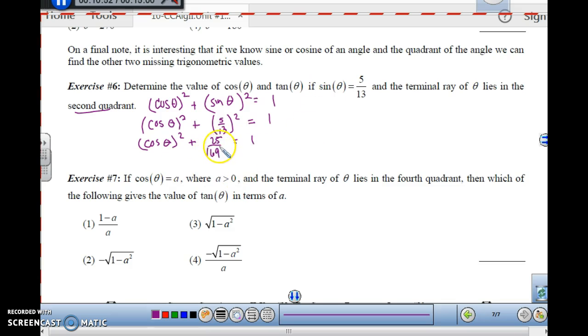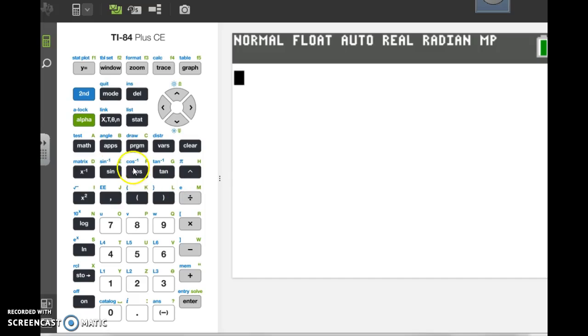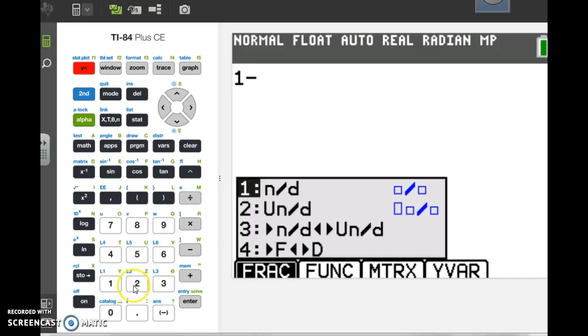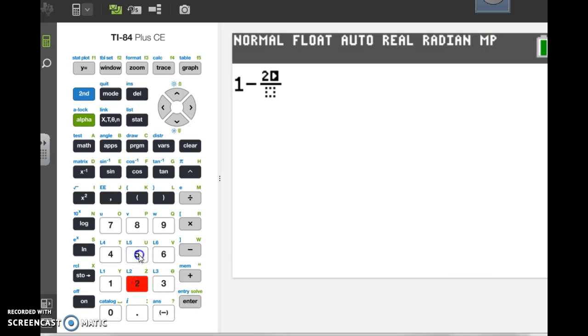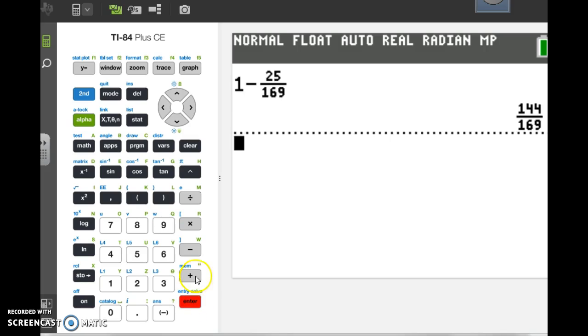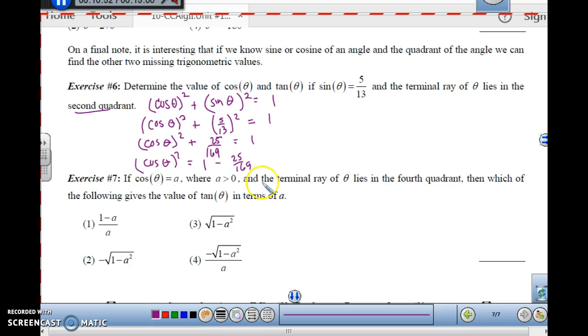All right, now solving, I'm going to do 1 minus 25 over 169. If I grab my calculator, I do 1 minus 25 over 169, and I get 144 over 169.